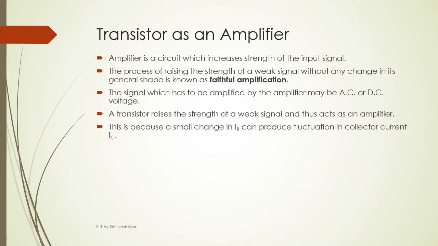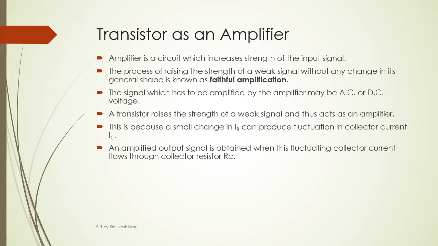So how is the process done by the amplifier transistor? The small change in base current IB can produce a large change or fluctuation in collector current IC. Okay, so that's why we can say that a small change in the input of base current produces a large change in the output of the collector current.